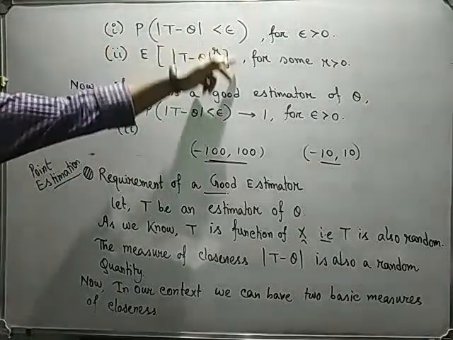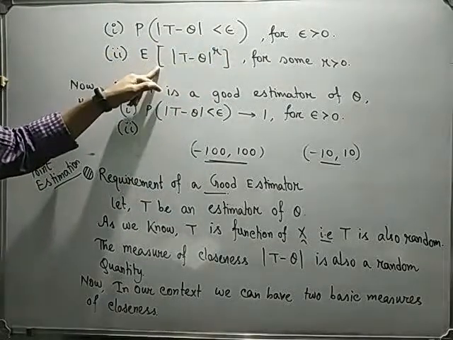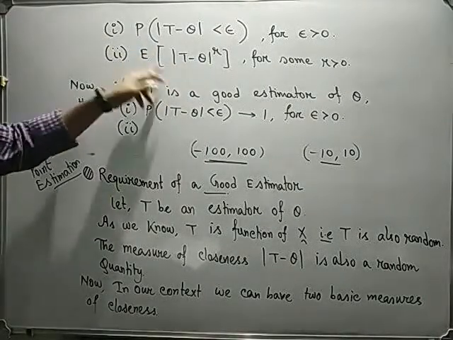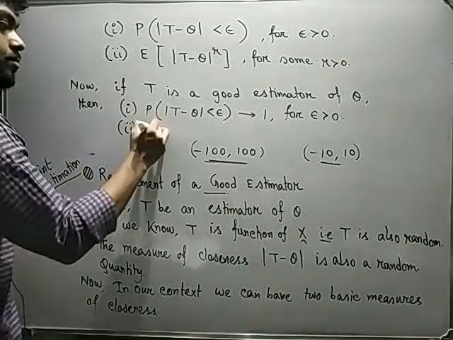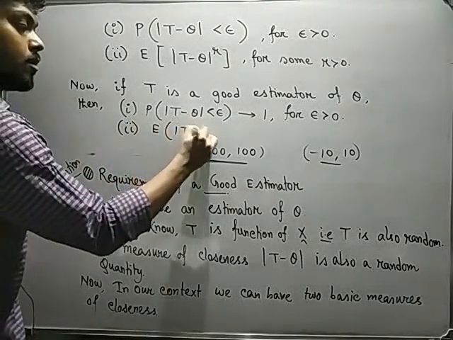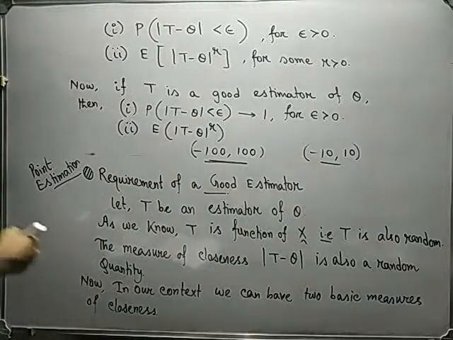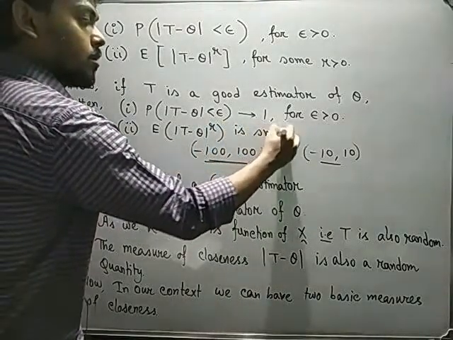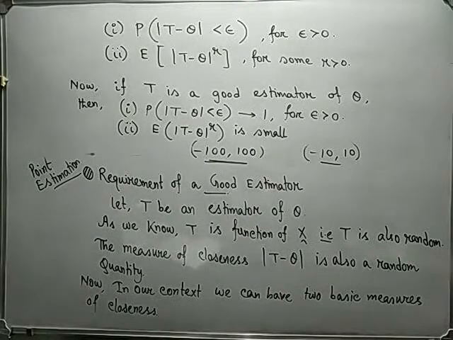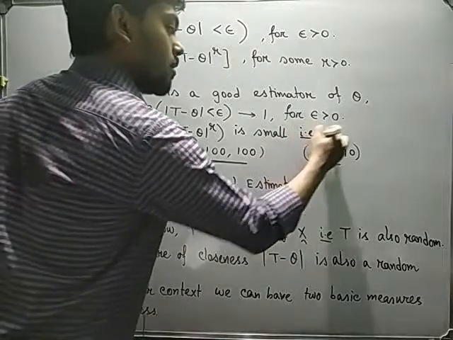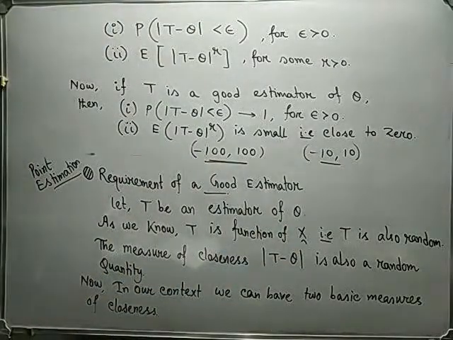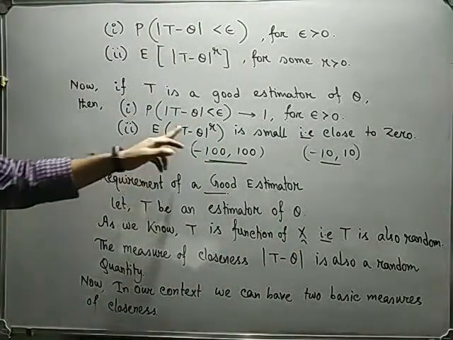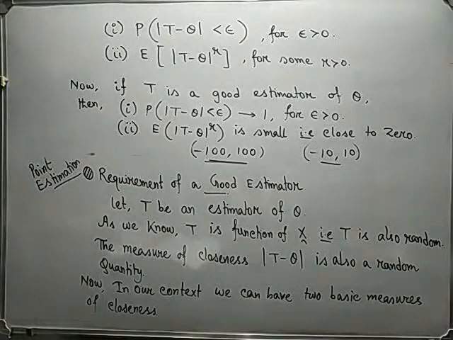So if the expectation of mod of T minus theta whole to the power r is small, close to 0, then capital T will be a good estimator for theta.